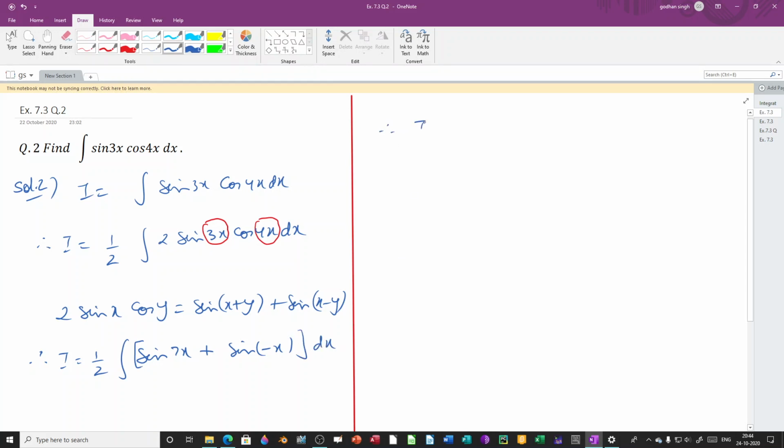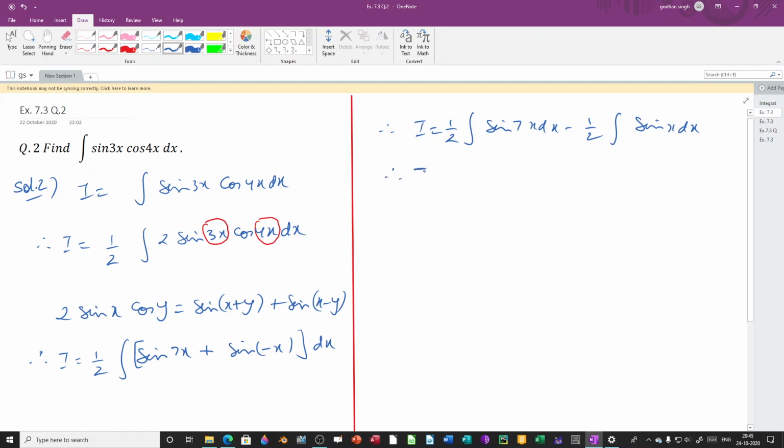Therefore, separating both of them, we get half the integral of sine 7x dx minus, because sine minus x is minus sine x, minus half the integral of sine x dx.